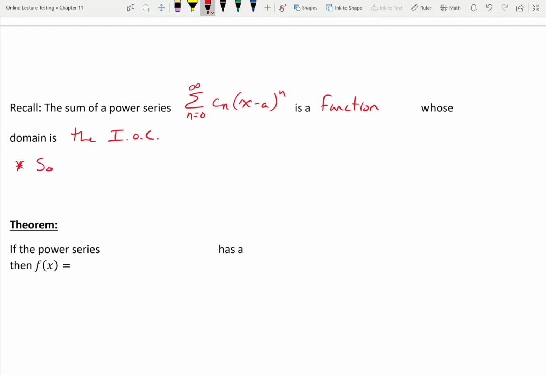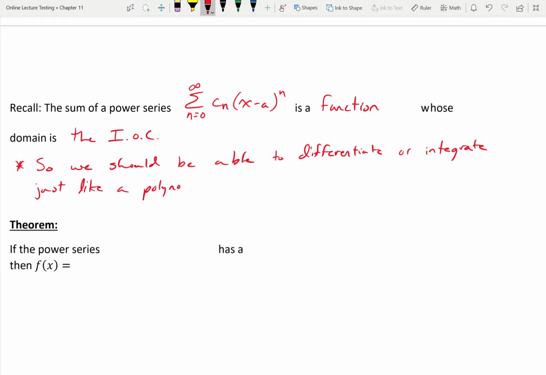So we should be able to differentiate or integrate just like a polynomial. Because think about the sum of that series.